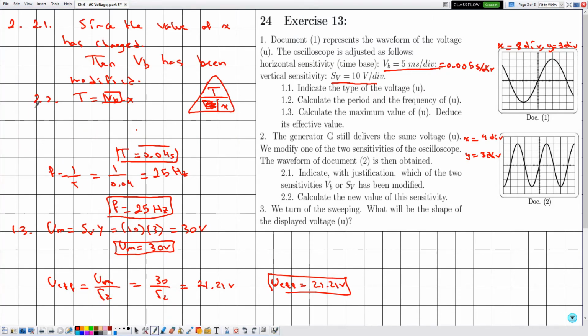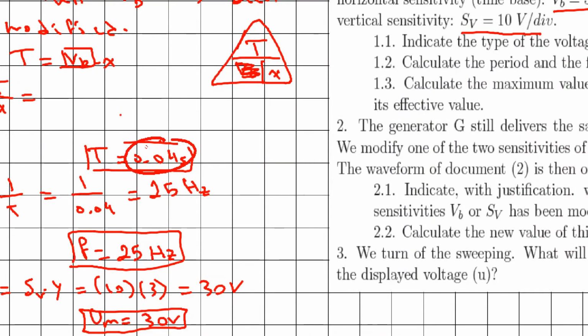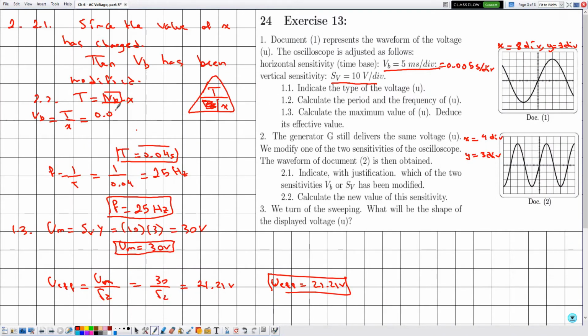So VB is equal to the period divided by X. Now notice that the period didn't change, which is given by 0.04.